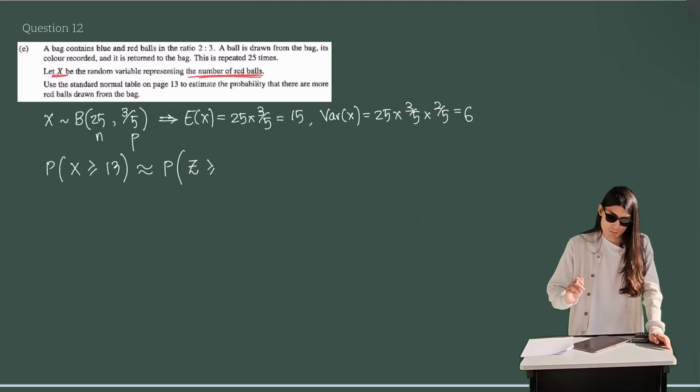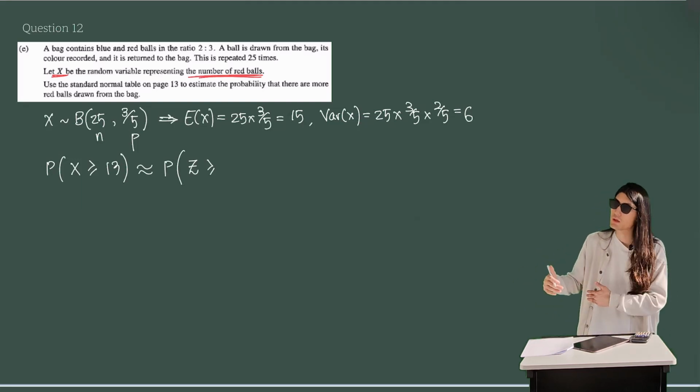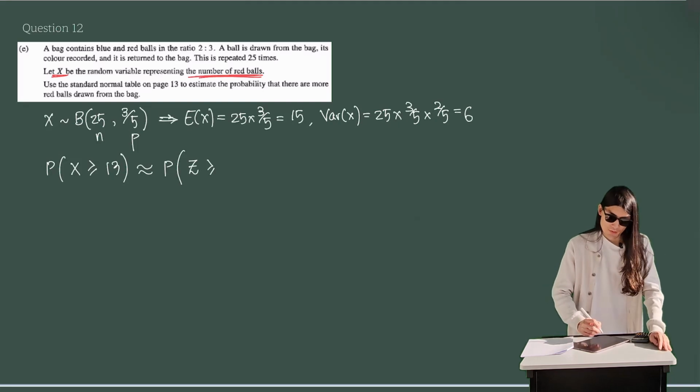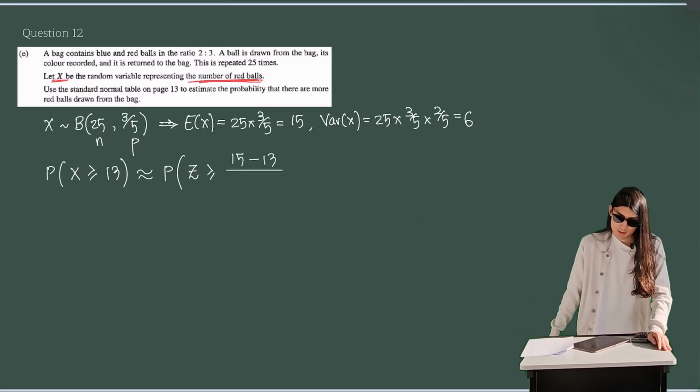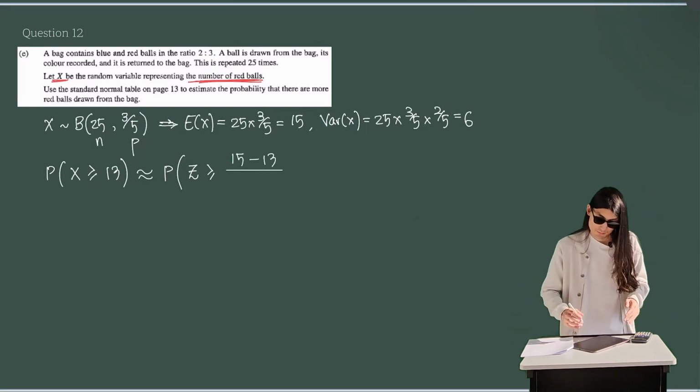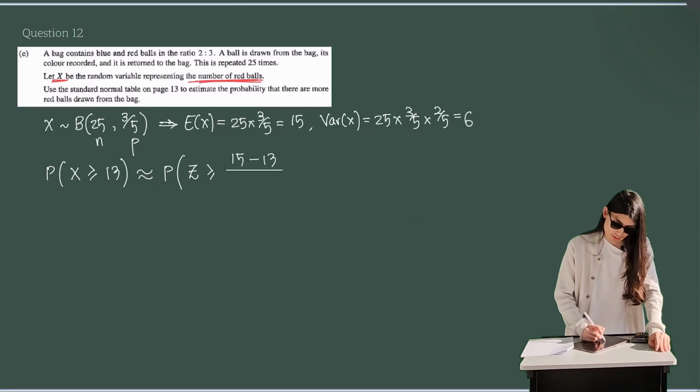Now, again, the question was how many standard deviations above or below the mean is the number 13? Well, the expected value 15 minus 13 — sorry, I did it the other way around, didn't I?